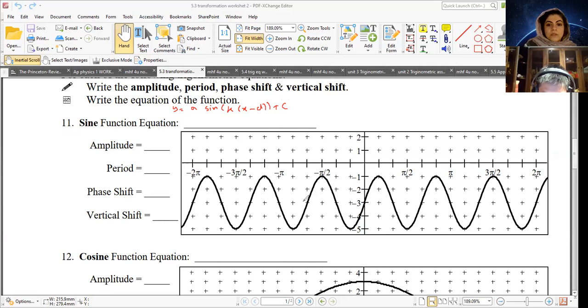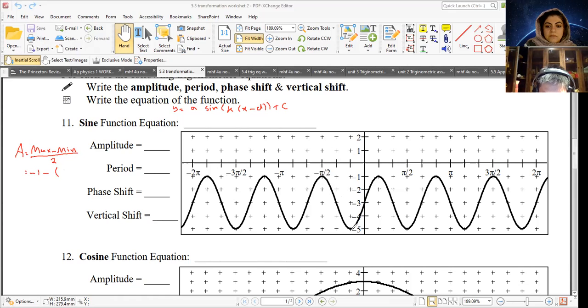So amplitude. I know the maximum and my minimum, right? You know, the amplitude is the distance between maximum and minimum, is max minus minimum divided by 2. My maximum is this one, which is -1, minus minimum.